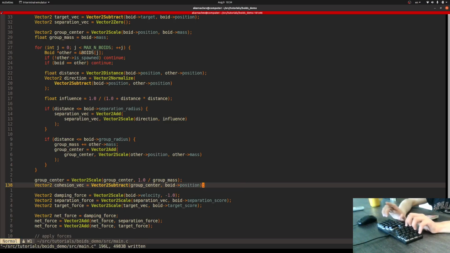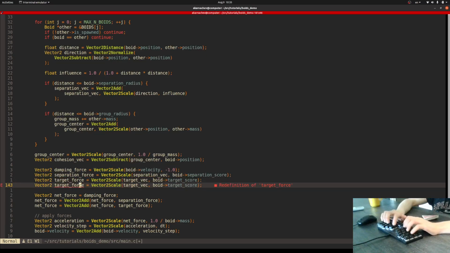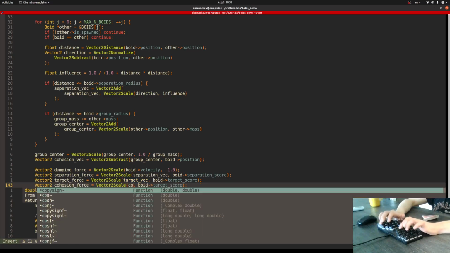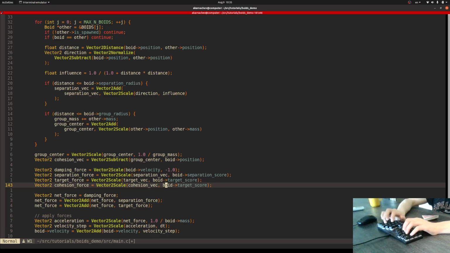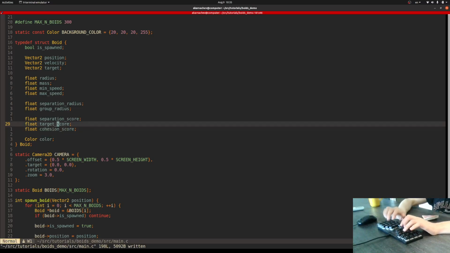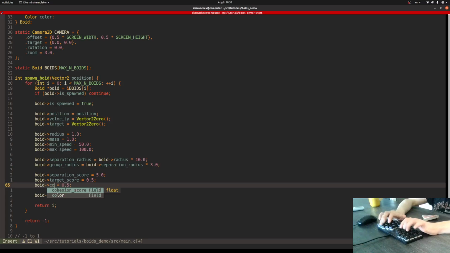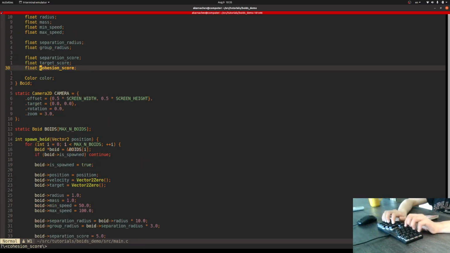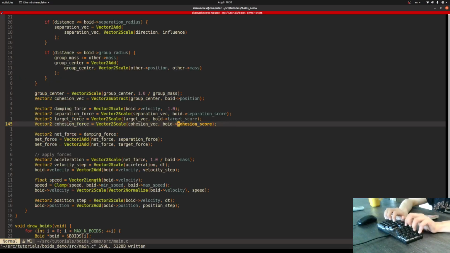This is my cohesion vector, and cohesion force is equal to cohesion vector scaled by cohesion score, and cohesion score, let's say, is equal to 0.5 for the beginning. So let's check the results. Cohesion vec, yeah.